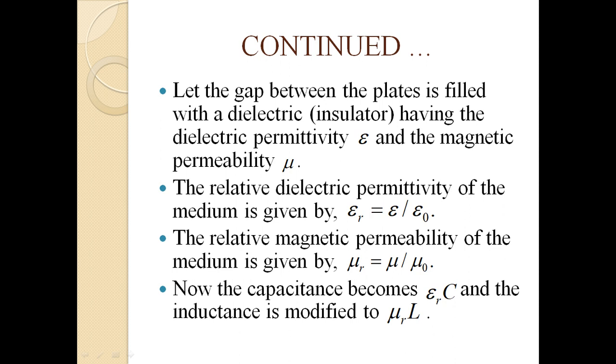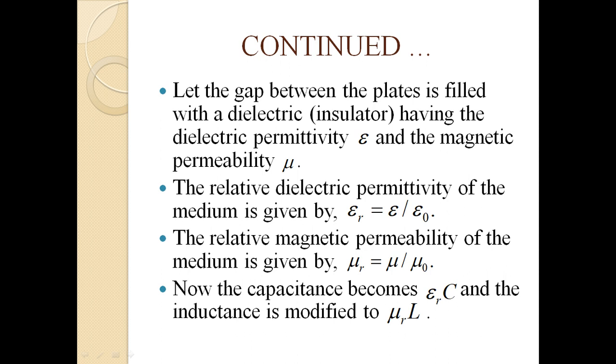Now we can derive the expression for phase velocity in the presence of a dielectric. For that, assume that the gap between the plates of the transmission line is filled with a dielectric having the dielectric permittivity epsilon and the magnetic permeability mu.